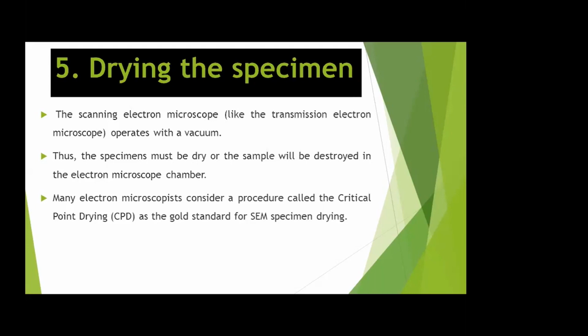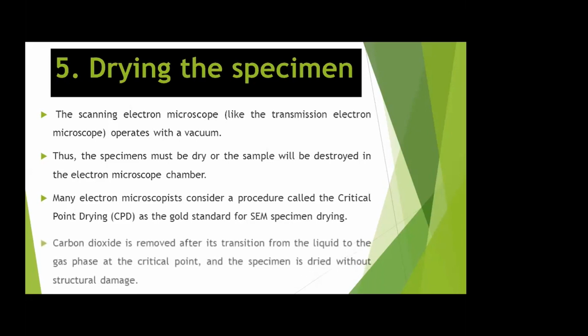Usually we use liquid carbon dioxide for this purpose, because at a temperature slightly above the environmental temperature, say about 35 degrees centigrade, this liquid carbon dioxide gets converted into gas and gets liberated. So that is the advantage of using liquid carbon dioxide.